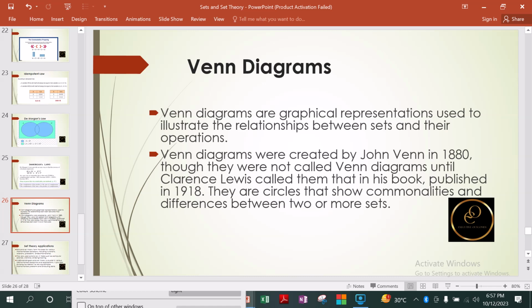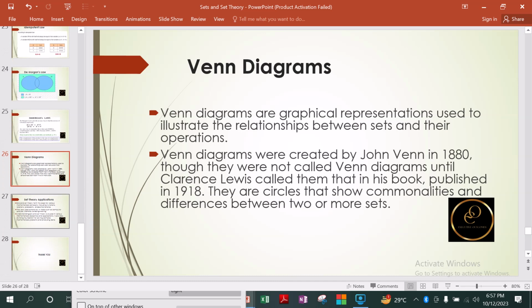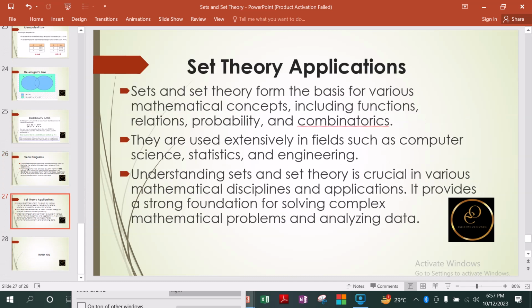They were not called Venn diagrams until Clarence Lewis, in his book published in 1918, started to call them Venn diagrams. So that is the simple information you are required to know about set theory and its applications.